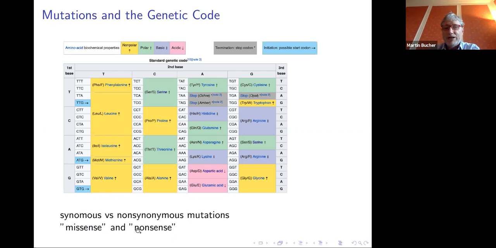Then if you put a stop signal in the middle, that would completely mess up the gene. So these are the main types of mutations that can happen.